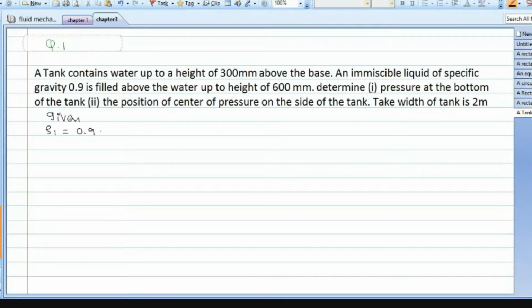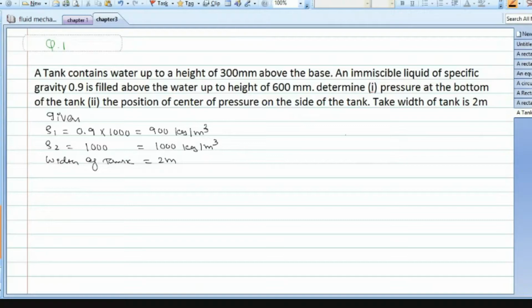Density of that fluid becomes 0.9 into 1000, so we get 900 kg per meter cube, and rho 2, the density of water, equals 1000 kg per meter cube. The width W of tank is given, that is 2 meter.